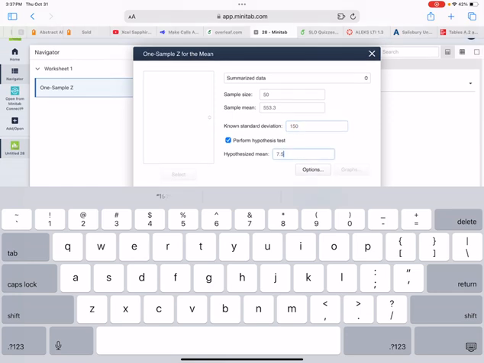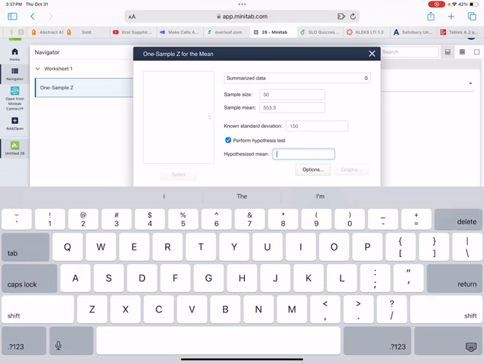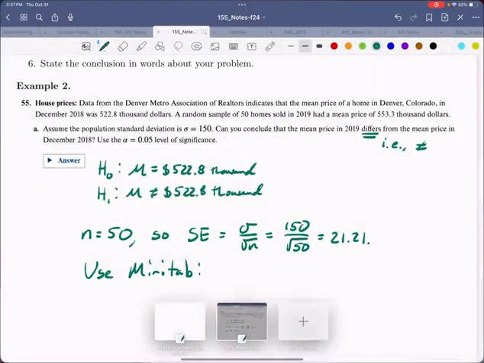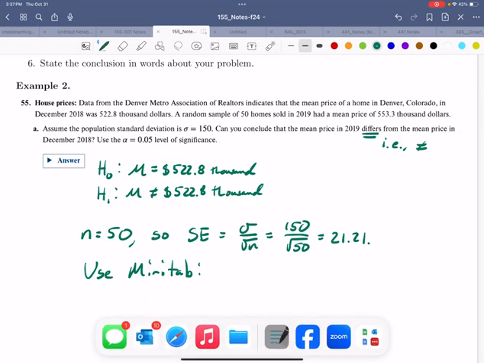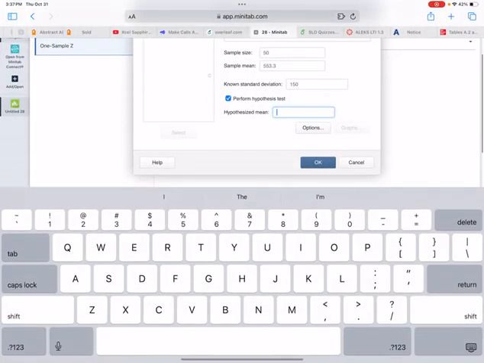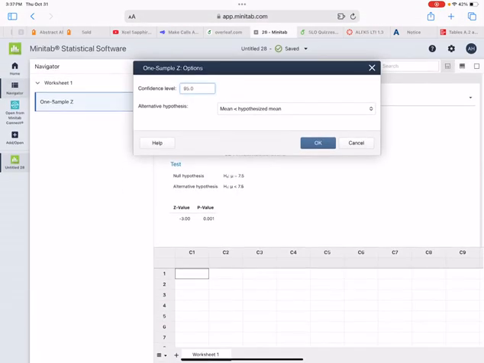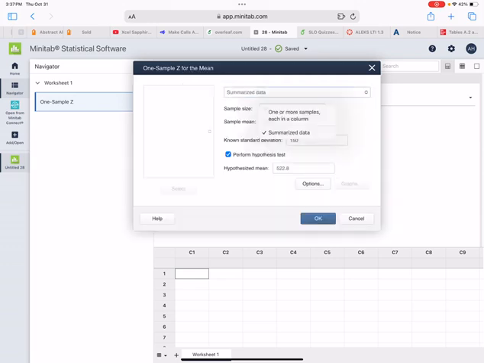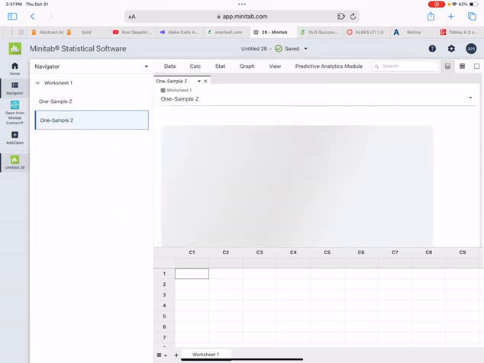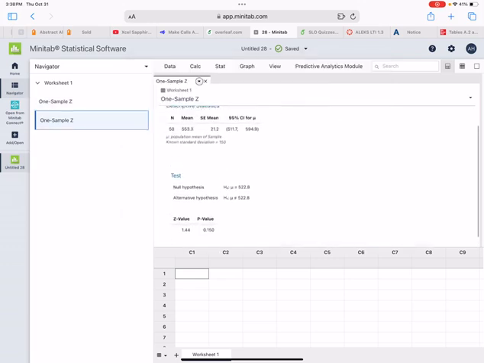But we are performing a hypothesis test. And what did they say the housing price was? 522.8. Right, and our options here. So confidence level, it's just 1 minus your significance level. But we are hypothesizing that the mean does not equal, so please change it to that. And then we get our answer, right?